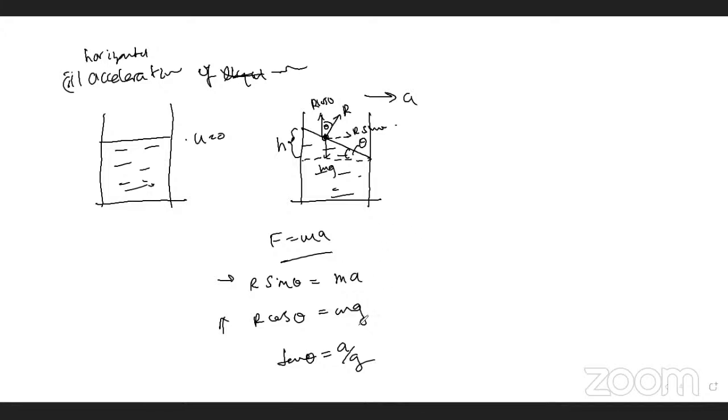From the geometry of this angle, you can write tan theta as h divided by L, where L is the length of the vessel.